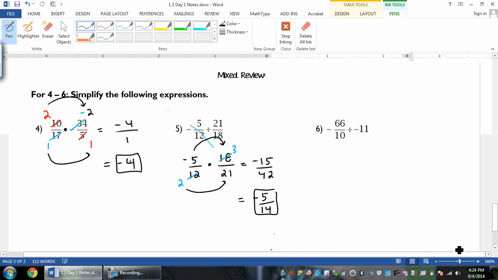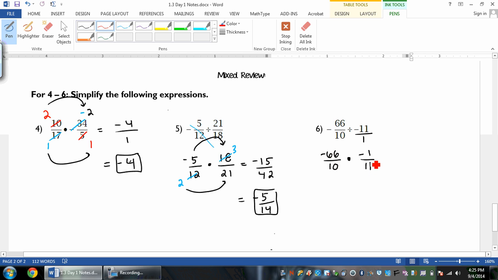Alright, and number 6. Now remember, negative 11 is the same thing as negative 11 over 1. So now you can clearly see what's the numerator and the denominator. It's dividing again, so we're going to keep the first fraction, change the division sign to multiplication, and then take the reciprocal of the second fraction. Now, I always like to have that negative in the numerator so I don't forget about it. Let's try to simplify my diagonals.